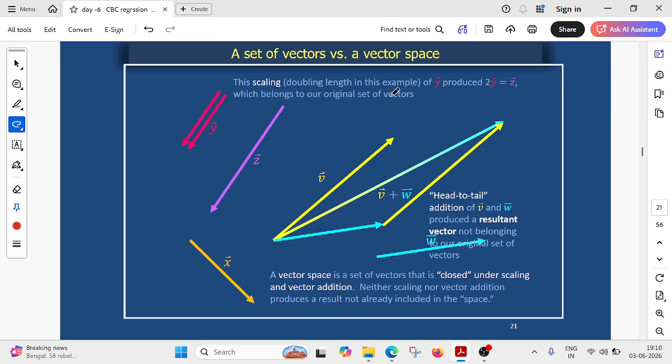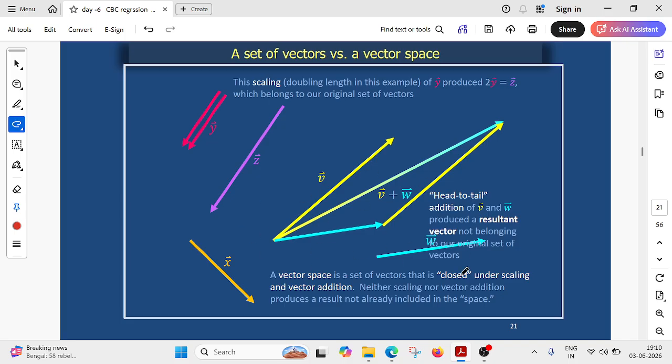Scaling, doubling the length in this example: y produced 2y = z, which belongs to our original set of vectors. Then next, head to tail addition of v and w. Head to tail addition of v and w produces a resultant vector.